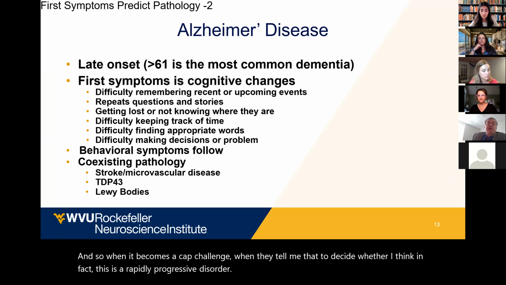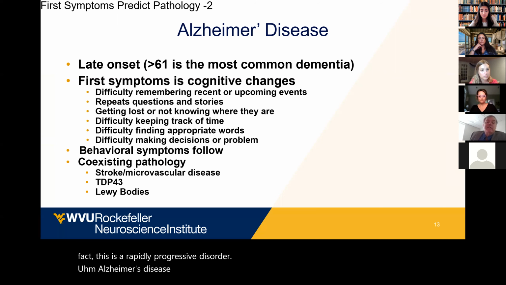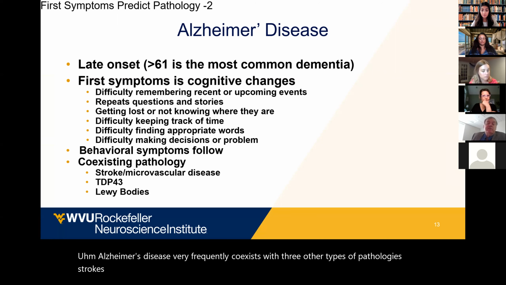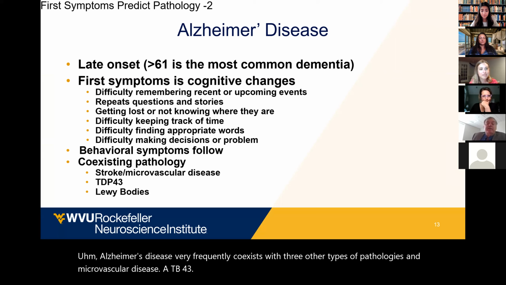Alzheimer's disease very frequently coexists with three other types of pathologies: strokes and microvascular disease, TDP-43 aggregated protein, and Lewy bodies.